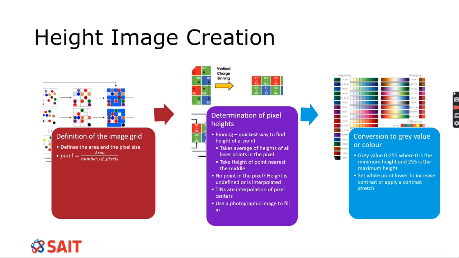Then we set a white point to increase the contrast, or we apply a contrast stretch, or you can do whatever you need to enhance what you need out of that image. Because sometimes if you have a big elevation difference or big height changes, the image is going to be overwhelmed by that, and it's going to create a bias.